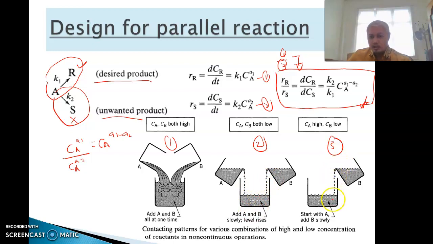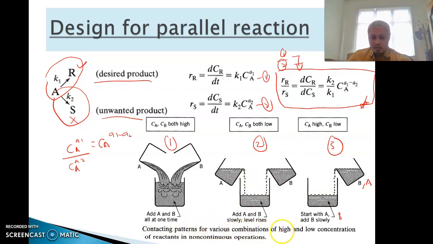The third one is where we put one, for instance A is already inside the beaker, and then we insert B slowly, or it can be the other way around. We can put B first, then insert A slowly inside the beaker. All of this we call contacting patterns.